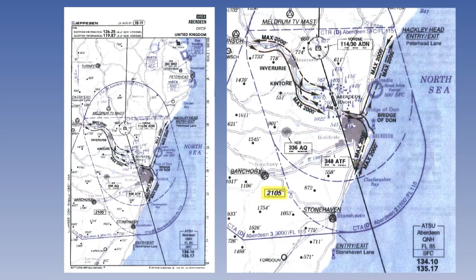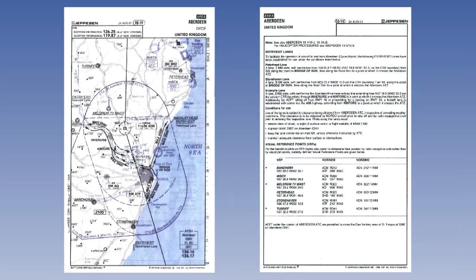Other points to note on this chart are: the highest ground is 2,105 feet, as shown in the box, and the Aberdeen QNH is used below flight level 85, as shown in the bottom right-hand corner along with the ATSU frequencies. The reverse of the chart is a text version, giving a description of the entry and exit points, their conditions for use, and the visual reference points.